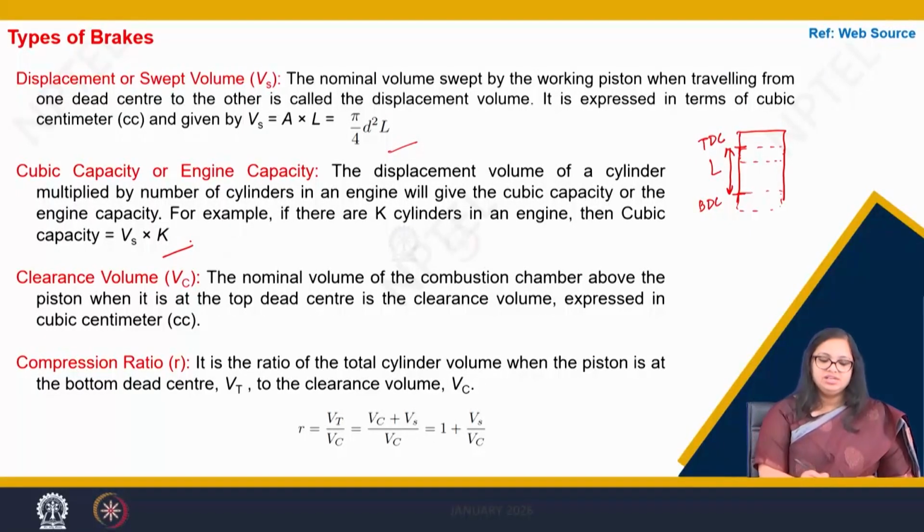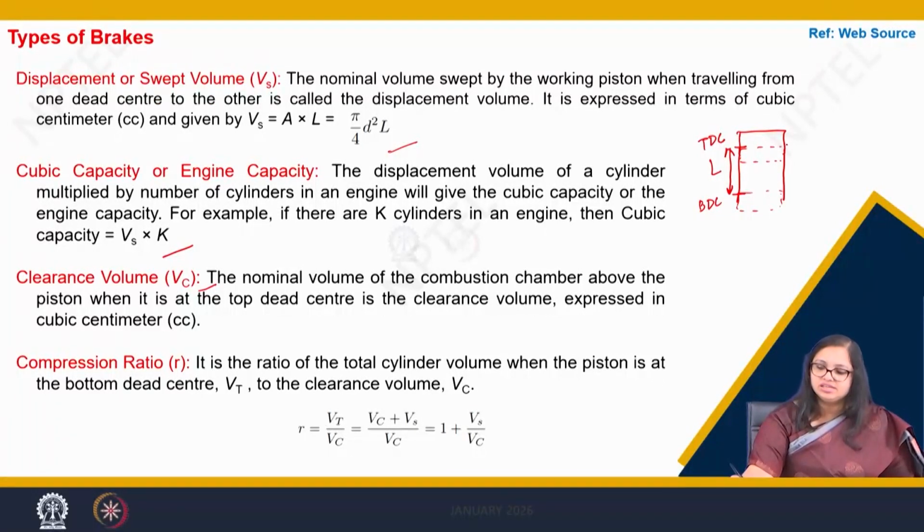Now, there is another volume which we call the clearance volume. I have been mentioning for quite some time that there is a certain section of a cylinder that the piston can traverse from one point to the other, that is from bottom dead center to the top dead center, which we call the swept volume.